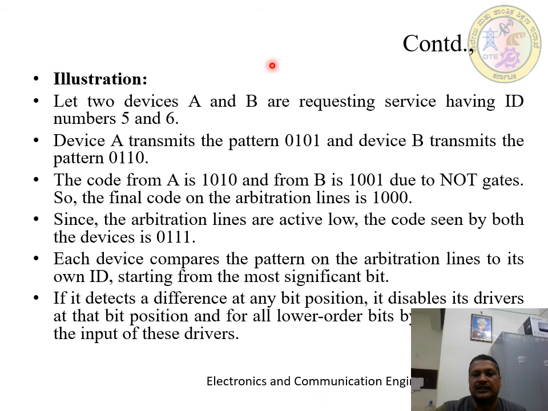That is resolved in the two schemes. In centralized, a sequence of signals is generated like bus request, bus grant and bus busy. In distributed, identification is given to the devices and a bit pattern is generated on the arbitration line.